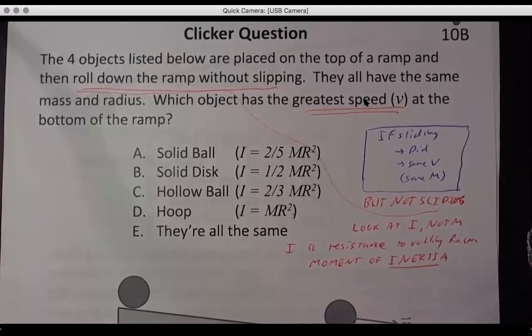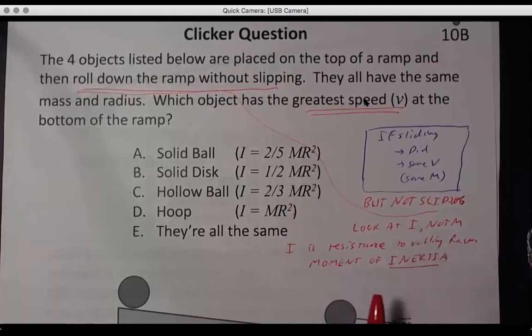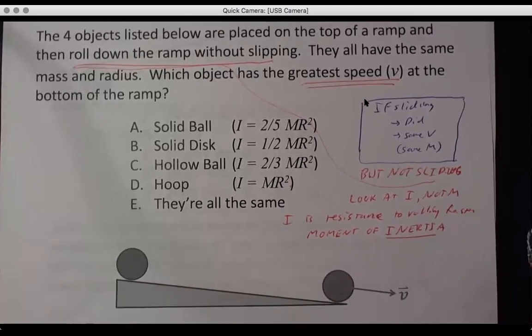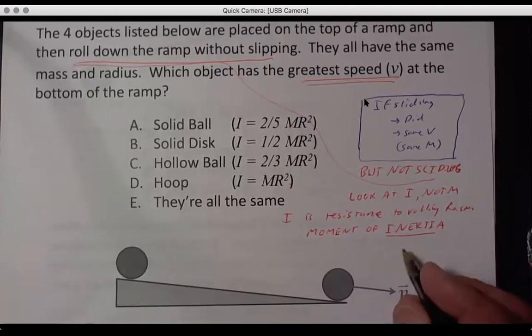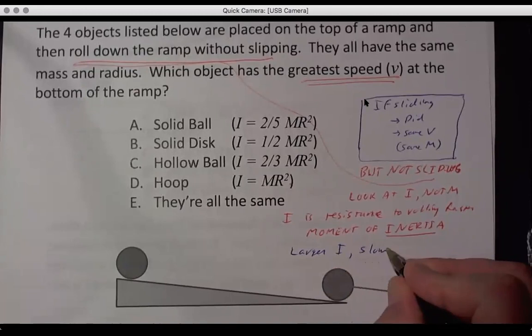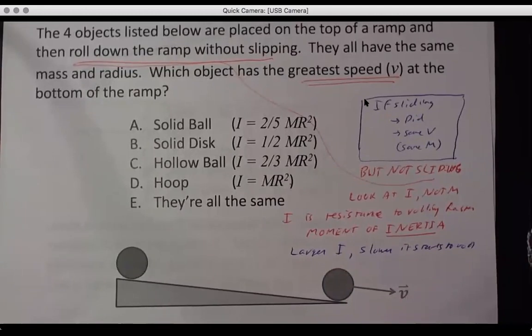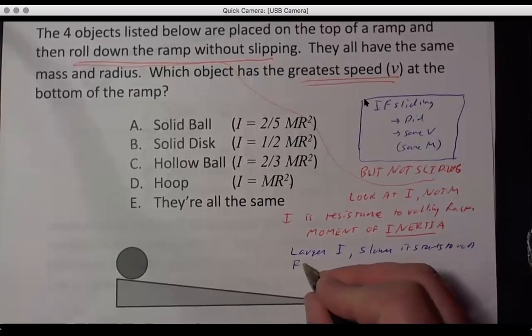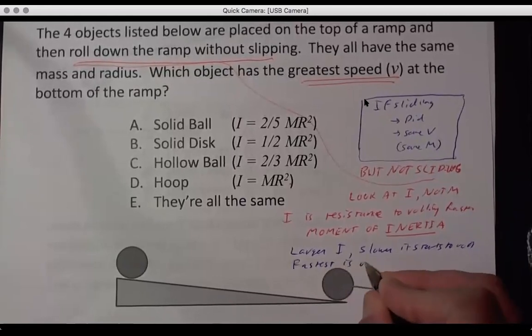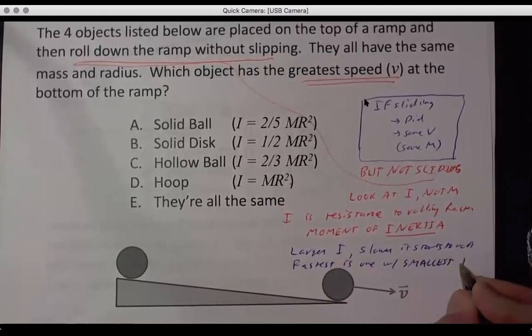Just like inertia, m, inertial mass, made it harder for an object to speed up, moment of inertia makes it harder for it to roll faster. And so the larger the moment of inertia, the slower it starts to roll. And so the greatest speed then is the one with the smallest I.